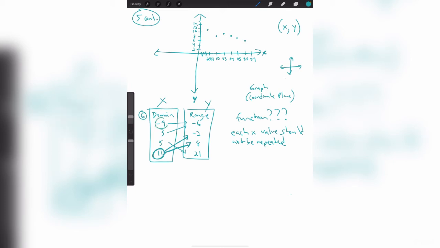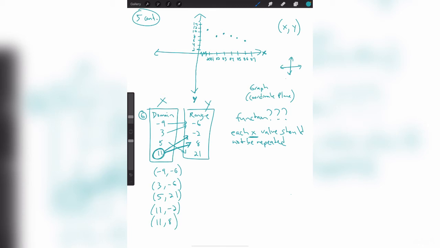Now, -9 can go to -6 and 3 can go to -6 as well. But if I have an x value, it should not be repeated, which means if I were to write out my ordered pairs right now, we have -9, -6, right? Then we have 3, -6, and then we have 5, 21, but then we have 11, -2, and 11, 8.